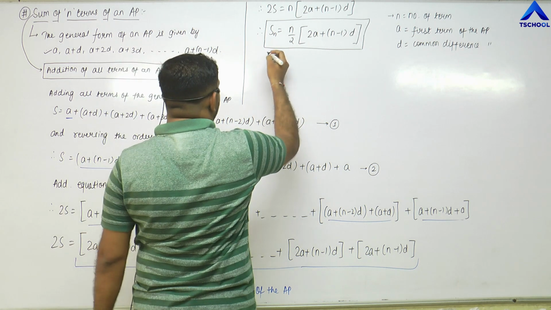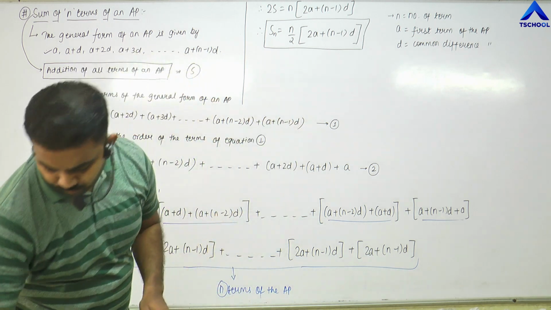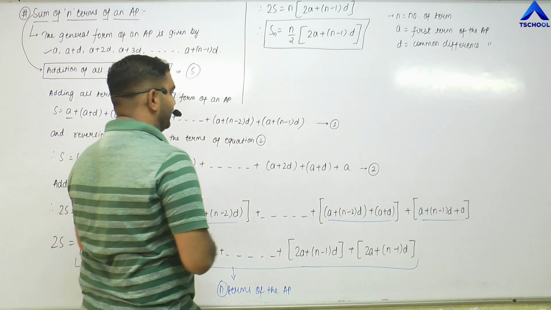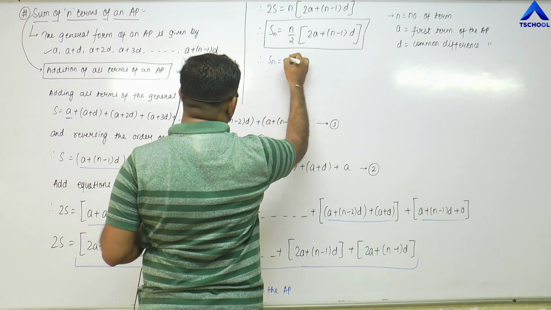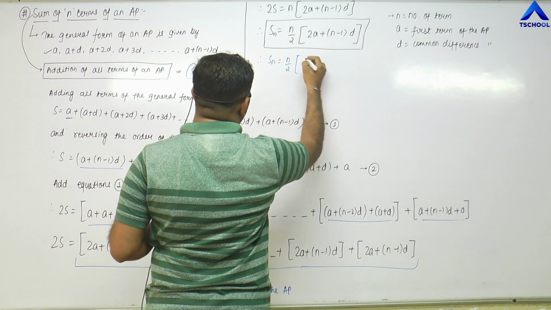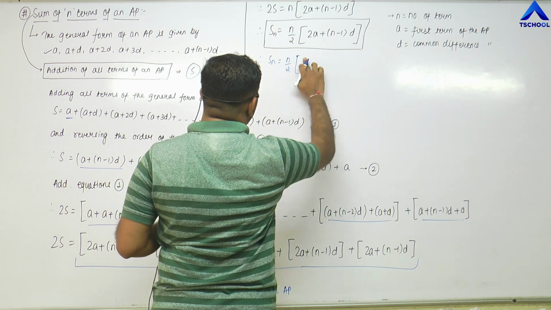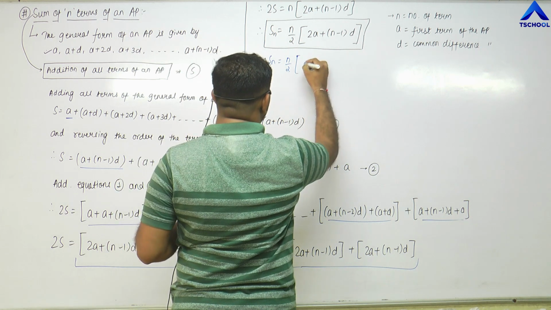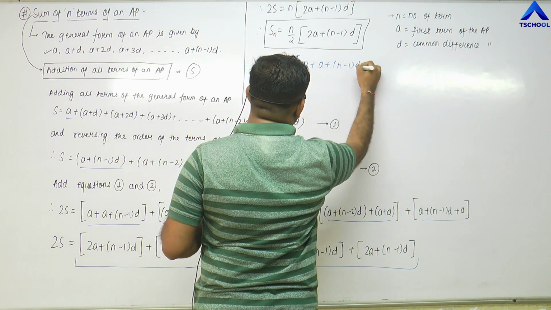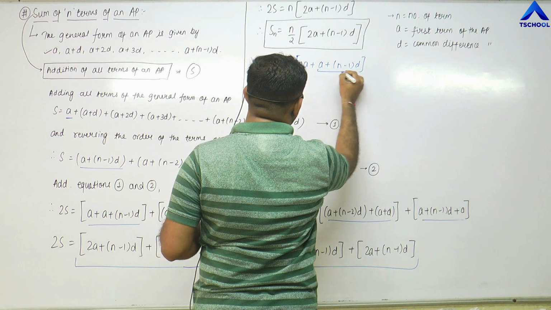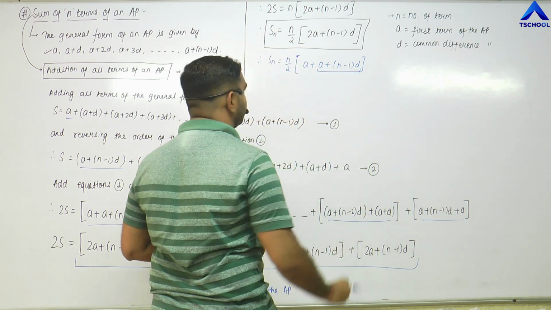Again, what if I go on to simplifying this formula, that is if I write therefore Sn equals n by 2 into this 2a, if I write it as a plus a plus n minus 1 into d, friends, what is this?